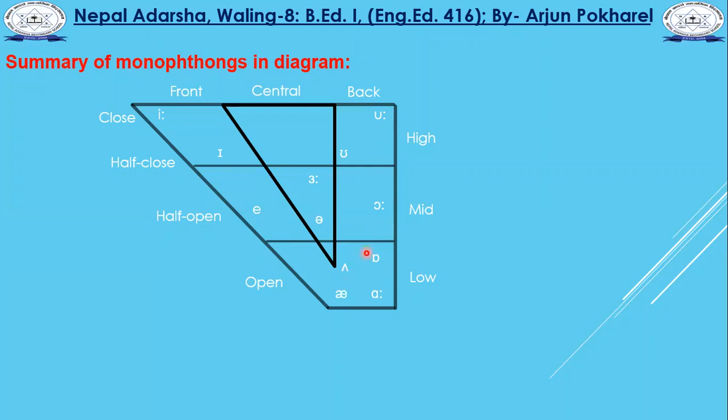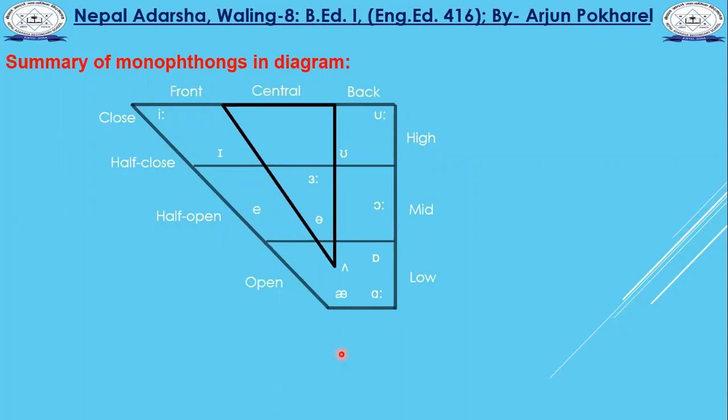The vowels from here to here, there are four different vowels here. You can draw a line here and write that they are rounded vowels, and all other vowels are unrounded vowels. In this way, you have to draw the diagram showing the monophthongs.